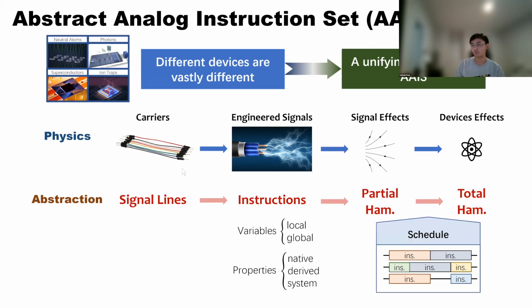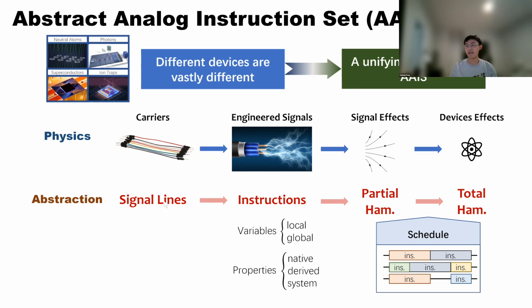The abstraction we built is based on this framework. So we give another name for the steps here. For carriers, we use signal lines to represent the general purpose of carriers. Signal lines are the model for the lines we use, the wires here.